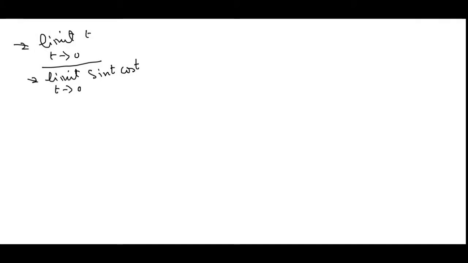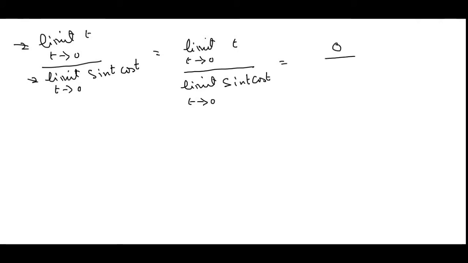This 2 and this 2 are cancelled, and we have limit t approaches 0, t whole divided by limit t approaches 0, sine t cos t. On applying the limit, we have 0 over sine 0 cos 0, 0 over 0 into 1, because the trigonometric value of sine 0 is 0 and cos 0 is 1. So again we have a 0 over 0 form.